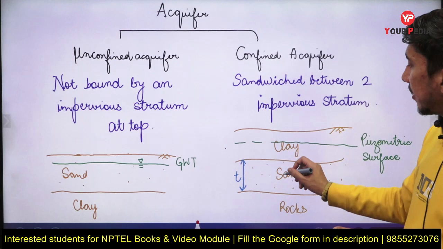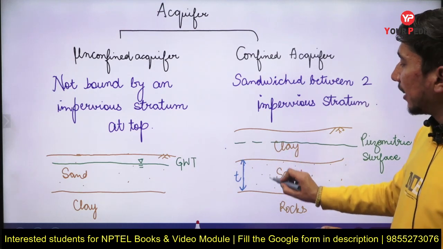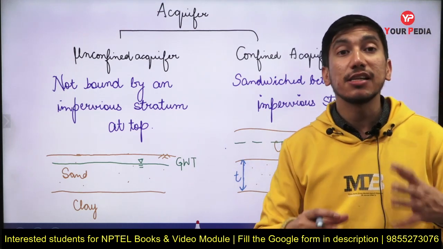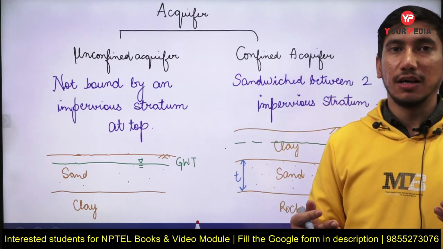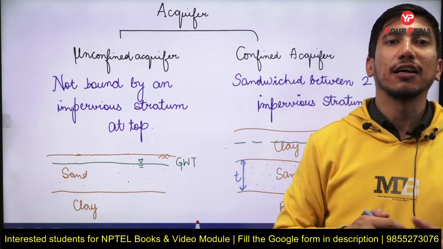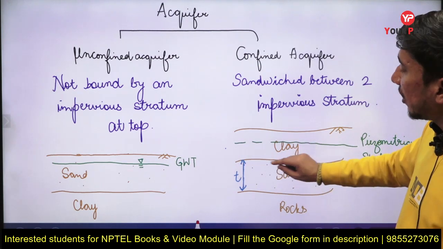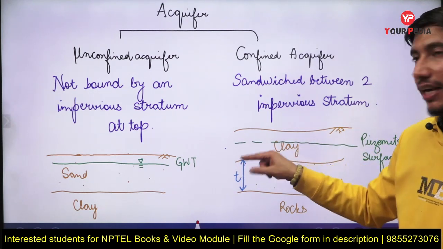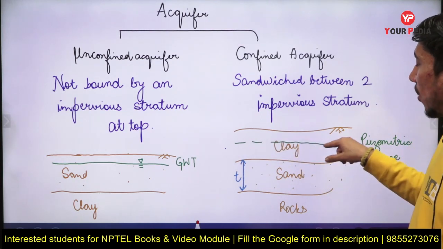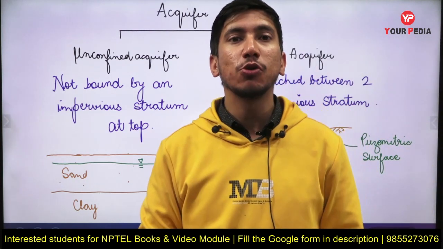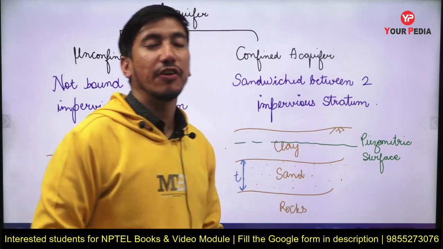So in that case, this becomes a confined aquifer, and the water present in the confined aquifer is under pressure. So whenever you dig a well in a confined aquifer, the water will rise above the top level of this confined aquifer and goes up to a level called as the piezometric surface, as you can see in this figure.